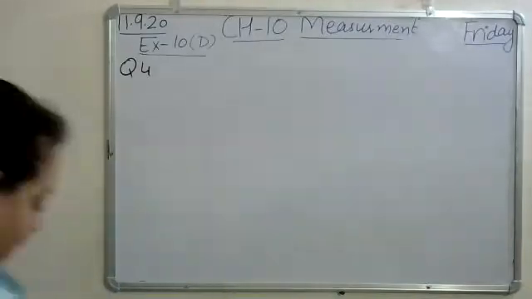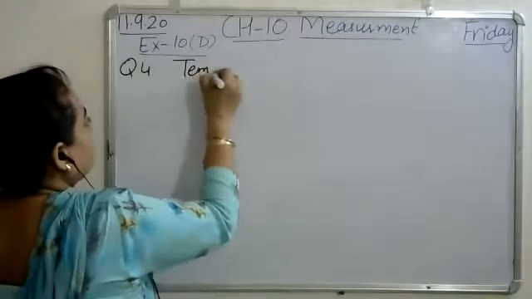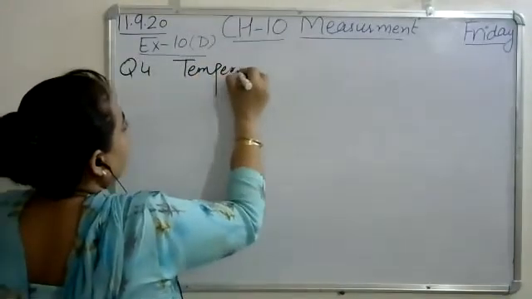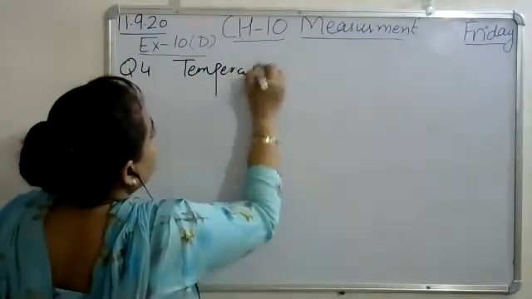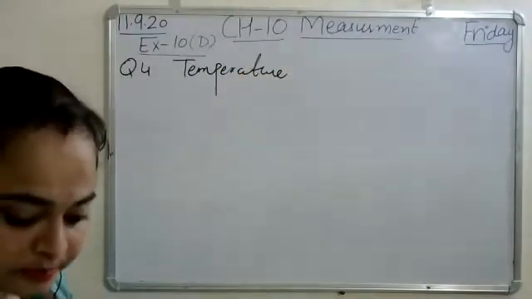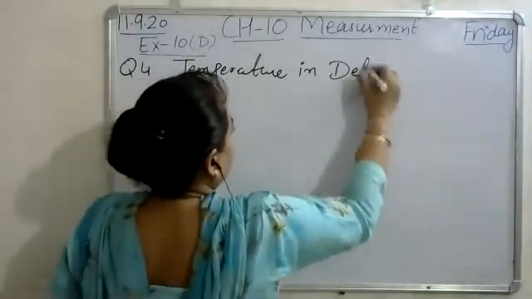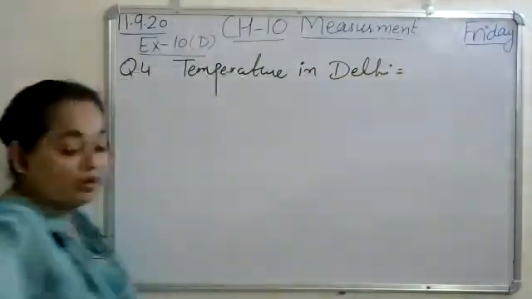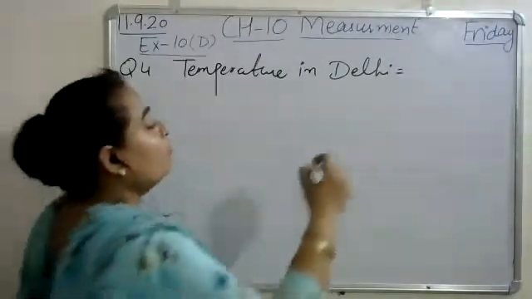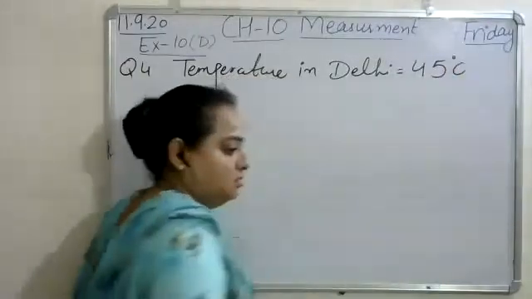So let's start. You will write here, temperature in Delhi. What is the temperature of Delhi? 45 degrees Celsius.